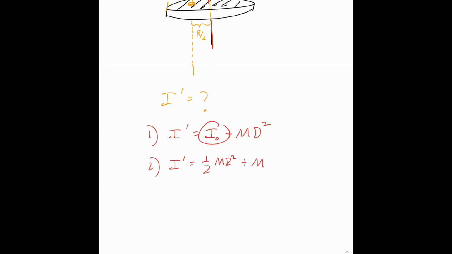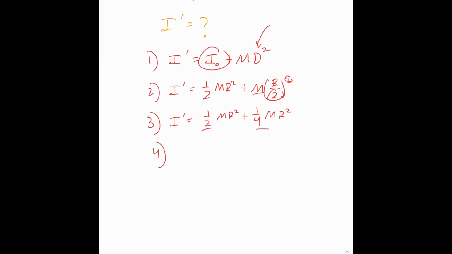And in this case, we've shifted the axis by a distance of r over 2, so we need to take that value of r over 2 and square it. So now we get that the new rotational inertia is 1/2 mr squared plus, this 2 gets squared, so we get 1/4 mr squared, and 1/2 plus 1/4 gives us 3/4. So there's the final answer in this example. I prime would be equal to 3/4 mr squared.